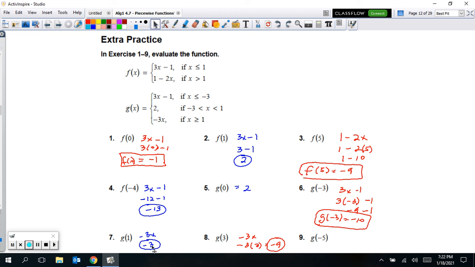And so 1 times negative 3 is just negative 3 for that one. And then g of negative 5, for this one you're going to use the 3x minus 1, because negative 5 is less than negative 3. So negative 5 times 3 gives you negative 15. Negative 15 minus 1 is a negative 16. Alright, let's move on to the next section.